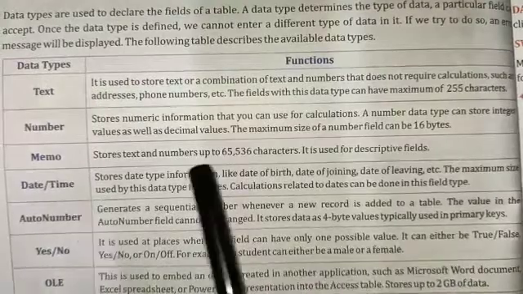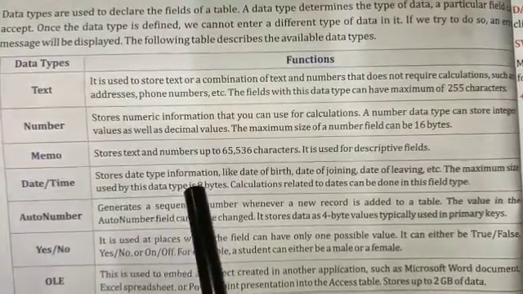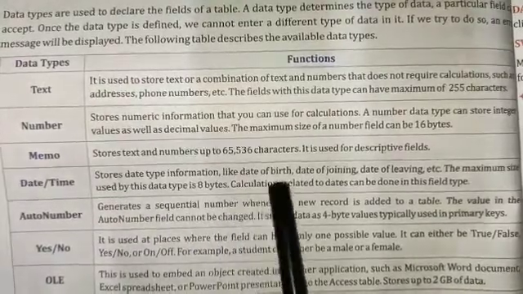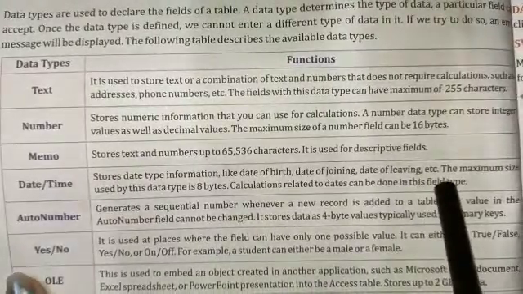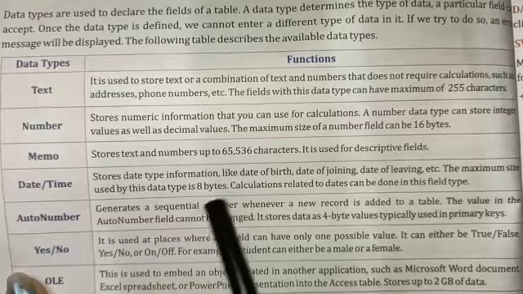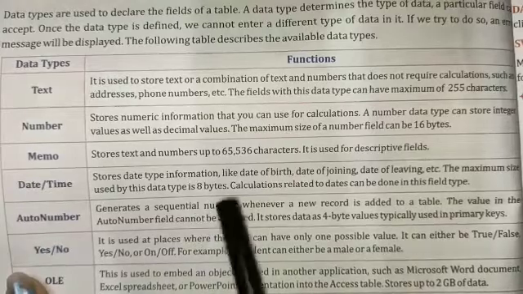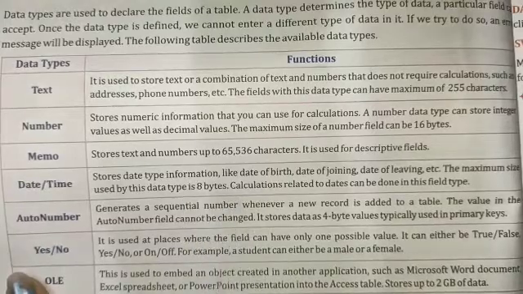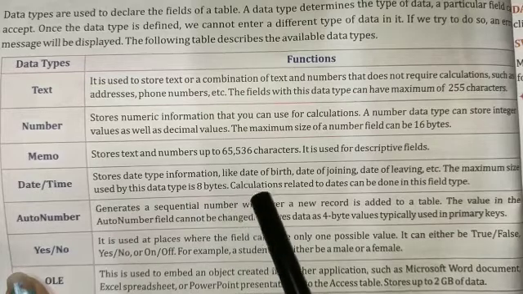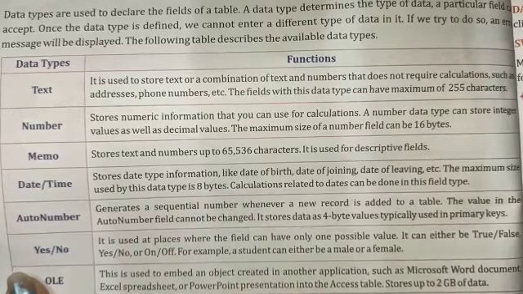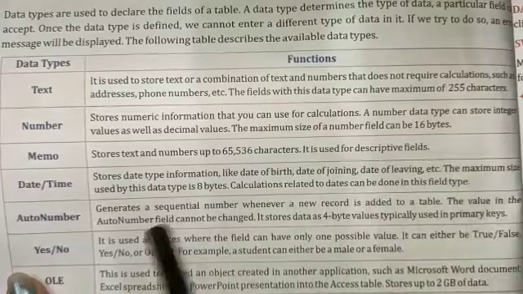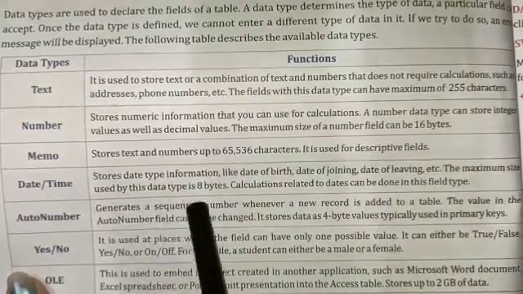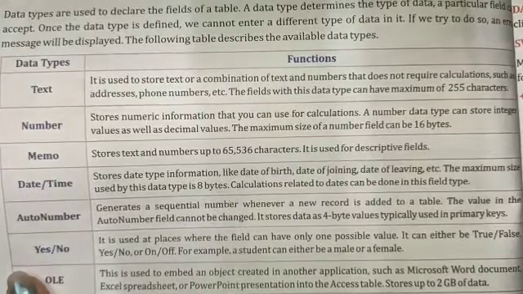Next, date and time. It stores date type information like date of birth, date of joining, date of leaving, etc. The maximum size used by this data type is 8 bytes.